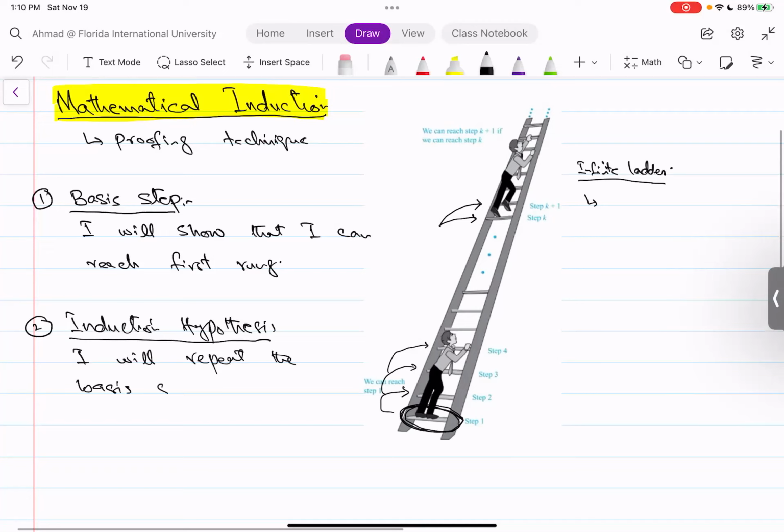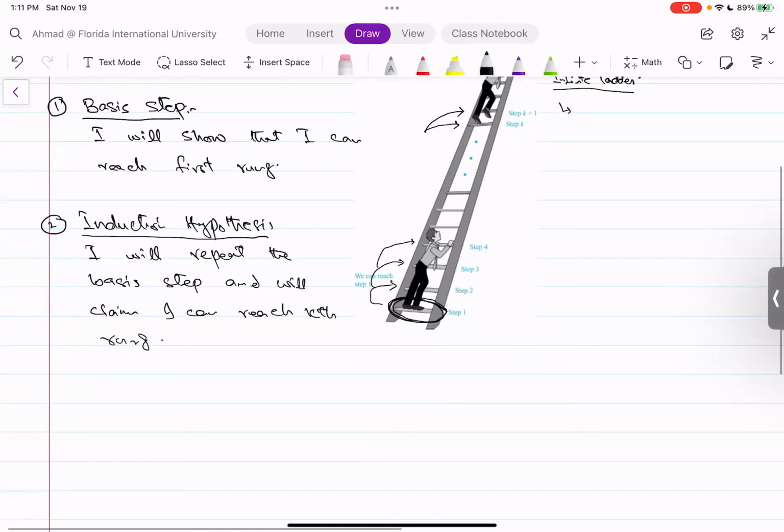And I will claim I can reach the kth rung of the ladder. So that is my claim. That is the hypothesis. And then the third step, what I have to do is prove that hypothesis. So in my third step, I will prove my induction hypothesis. Let me write it in short, which is IH.